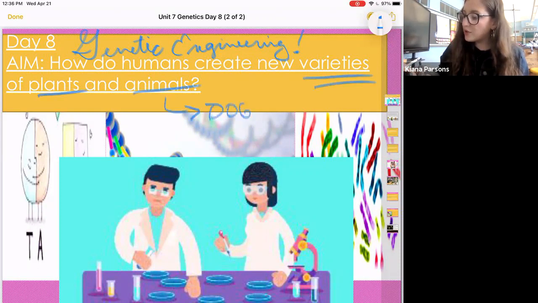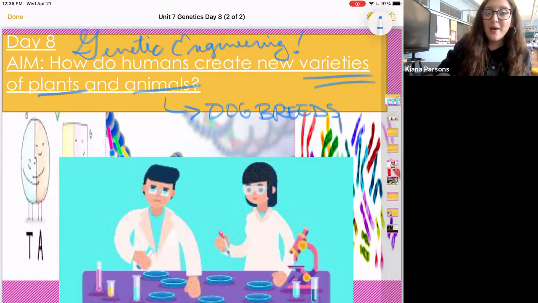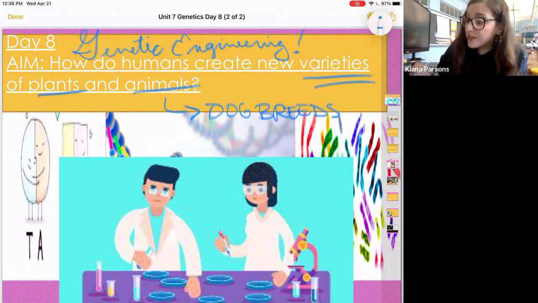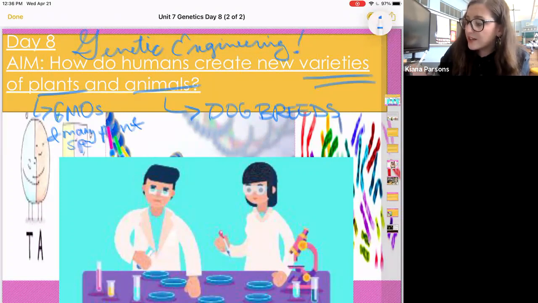So dog breeds came about through humans with selective breeding, which you may already see on your handout. We're going to talk about that, but we also have experience with new varieties of plants that have been created through genetic modification or GMOs, and through many plant species that were created through artificial selection.